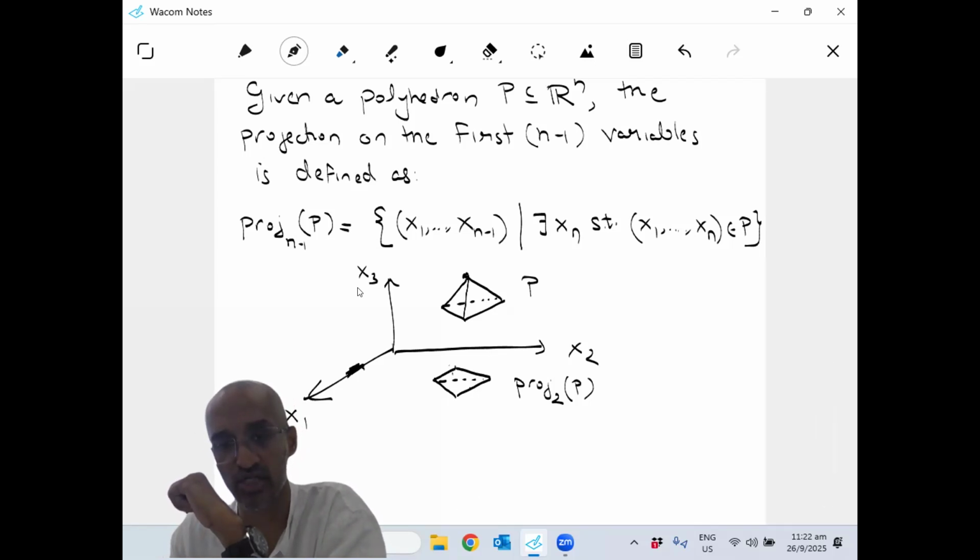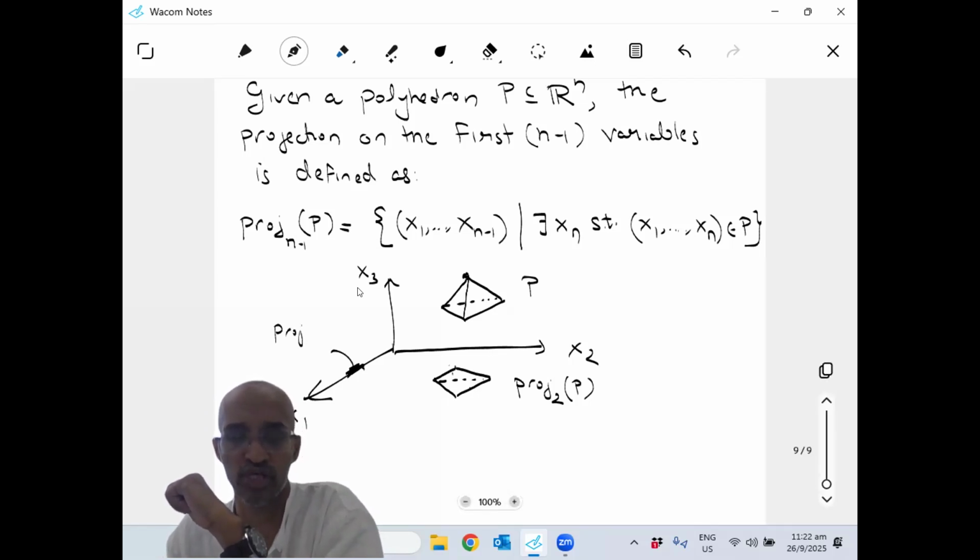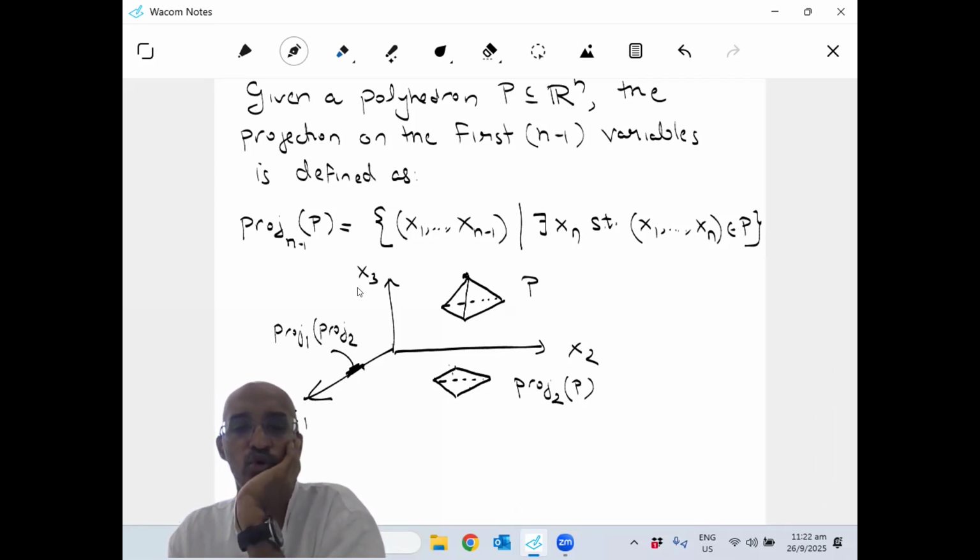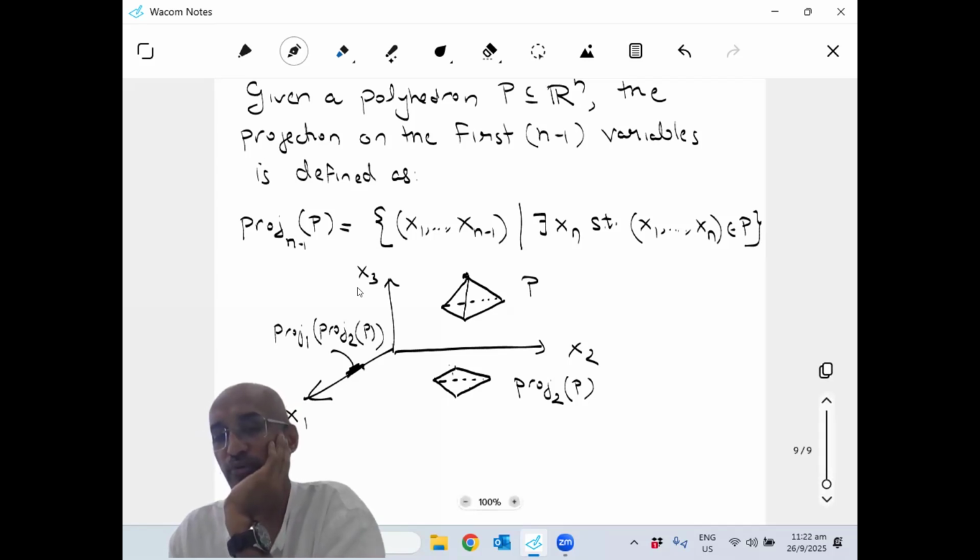So this will be the projection 1, projection 2 of P. If I project this onto this space, it will be these values, basically.